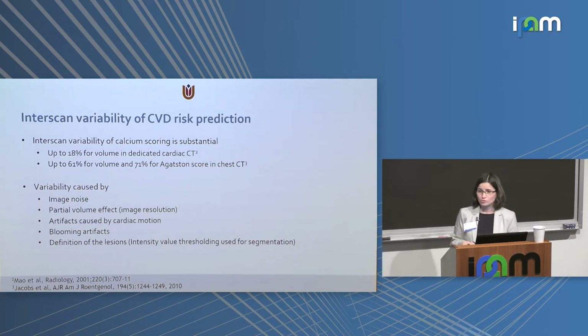Then calcium is causing blooming artifacts. And then, well, definition of the lesions. Clinical definition is that calcifications are areas of density within the arteries that are above 130 Hounsfield units. And combined with all the other acquisition parameters, I will show why this is actually a problem.